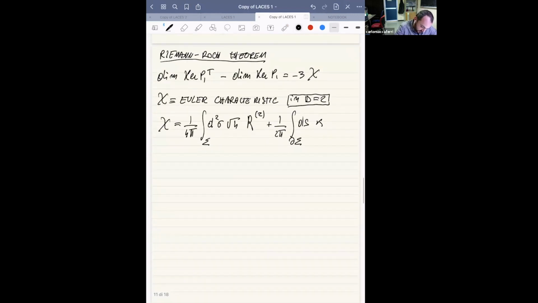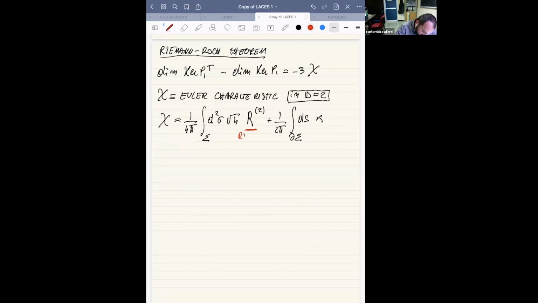So just to say, this is the Ricci scalar in d equal 2, something that we are all very familiar with. And perhaps you may be a little bit less familiar with this other object here, which is called the geodesic curvature of the boundary. This guy, just like R, also has a definition. We can write it down because it doesn't take too much space.